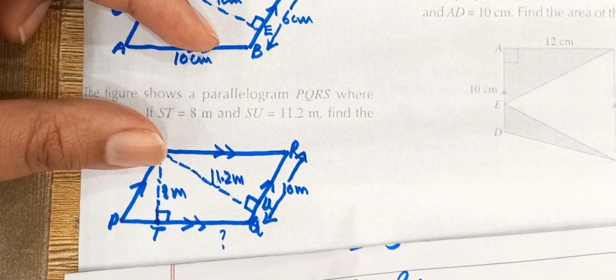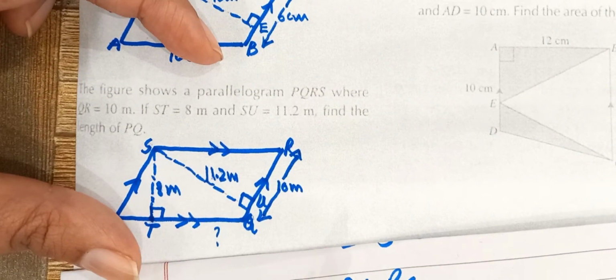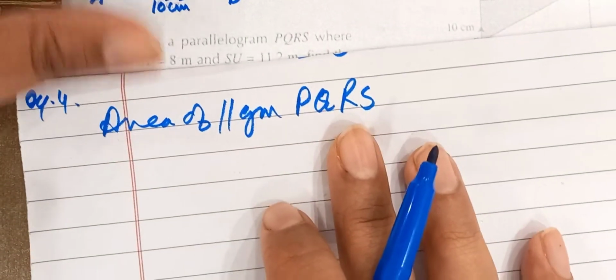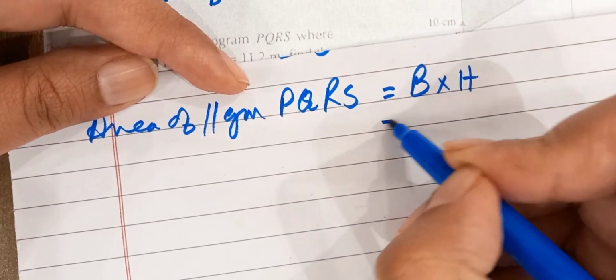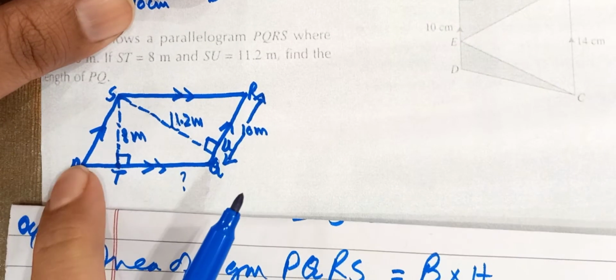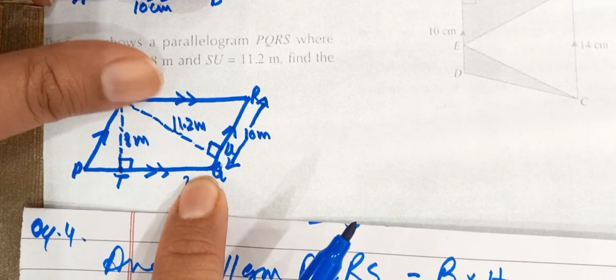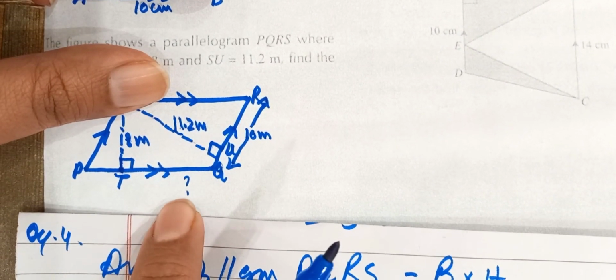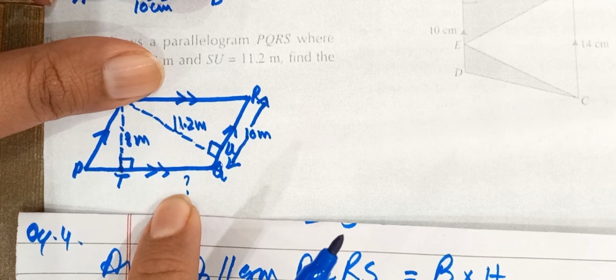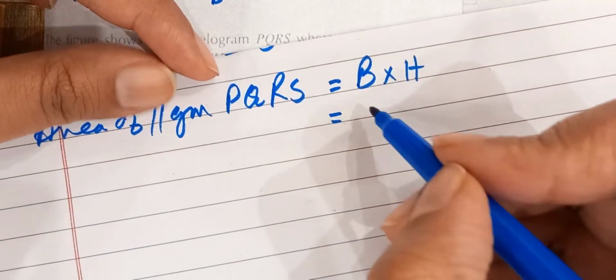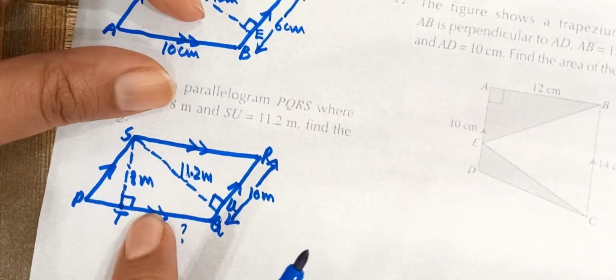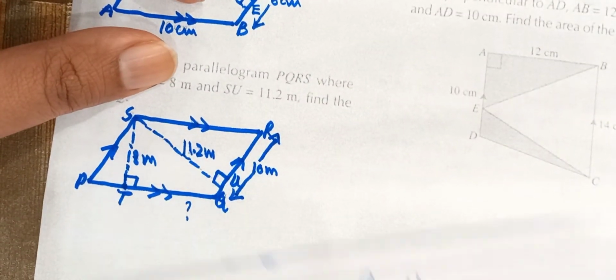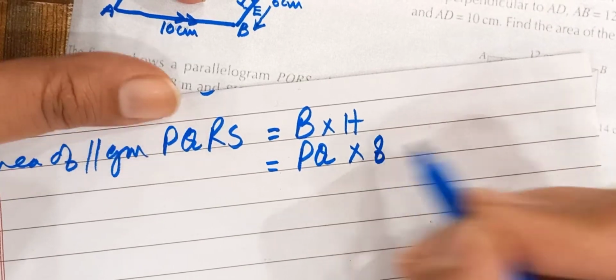Now when I take the area of parallelogram PQRS, it would be equal to base into height. So here base would be PQ, and I don't know its dimension yet because we have to find it out. So I will write down PQ here, and height is 8.